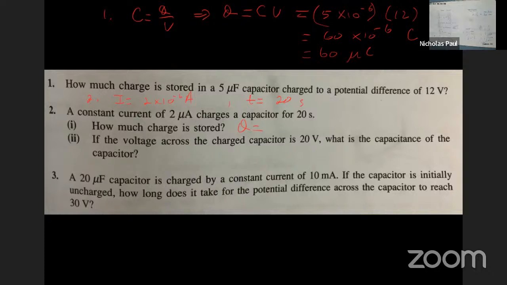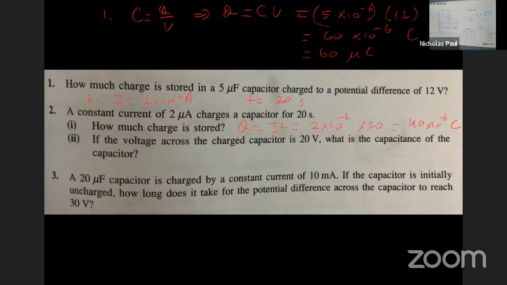Right, good. Q is equal to I by T. So that's 2 by 10 to the minus 6 by 20, so that's 40 by 10 to the minus 6 coulombs, right?